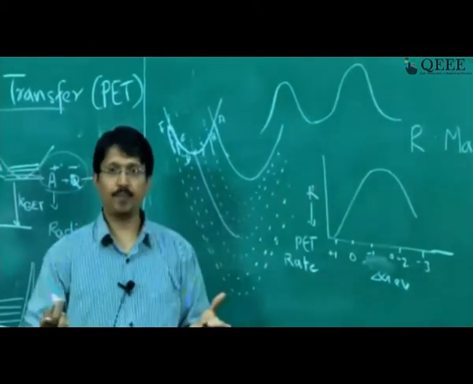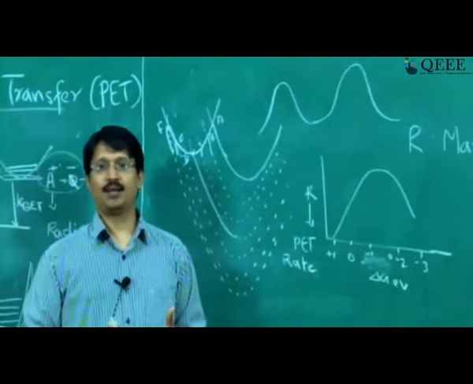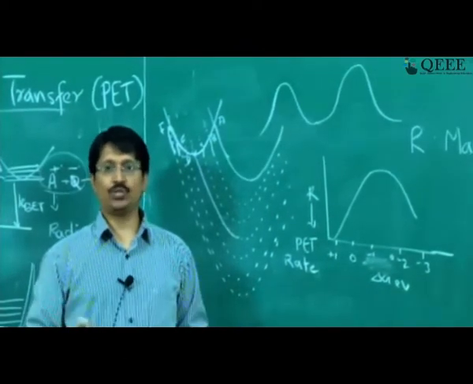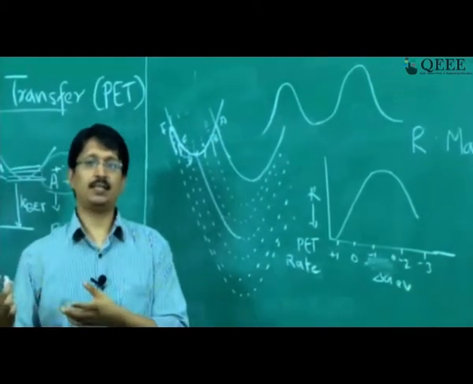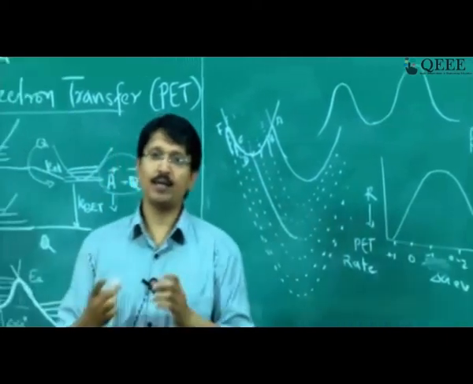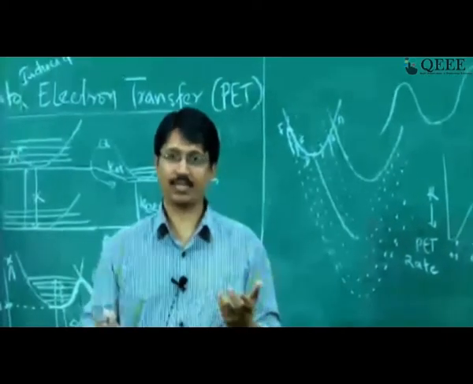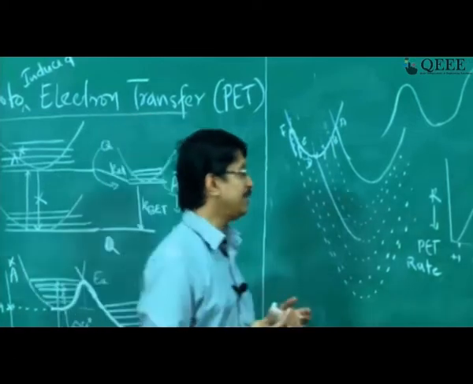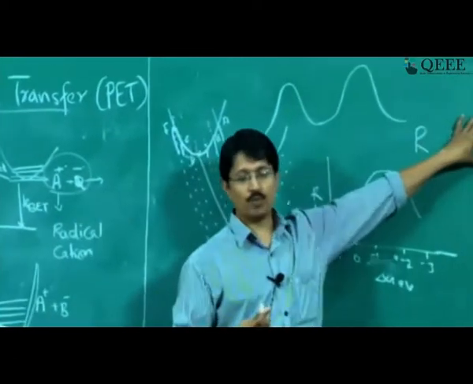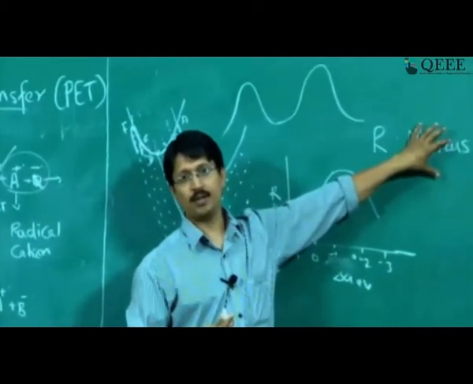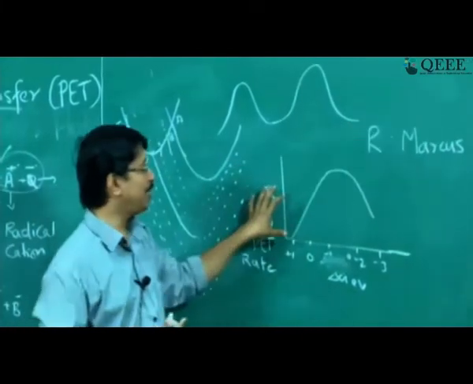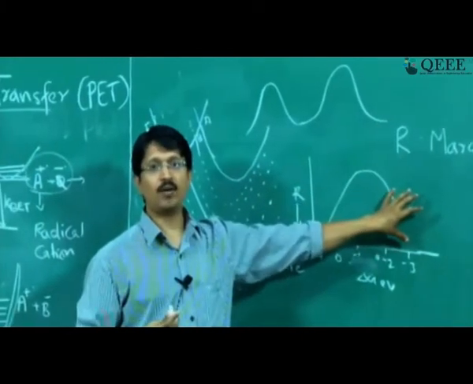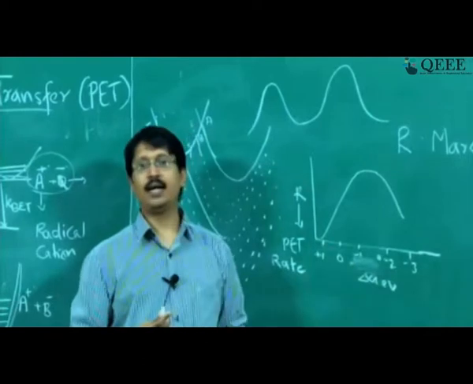He theoretically predicted this. Later, after 30 years, a group of scientists did the experiment and proved that his prediction was correct. And then in 1991, I think Marcus was awarded the Nobel Prize in chemistry for this particular relation between rate of electron transfer versus delta G.